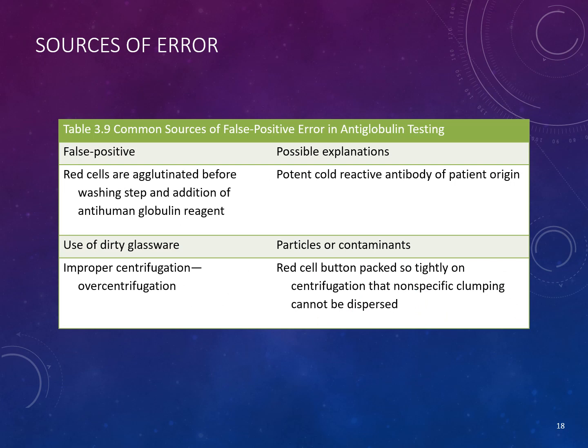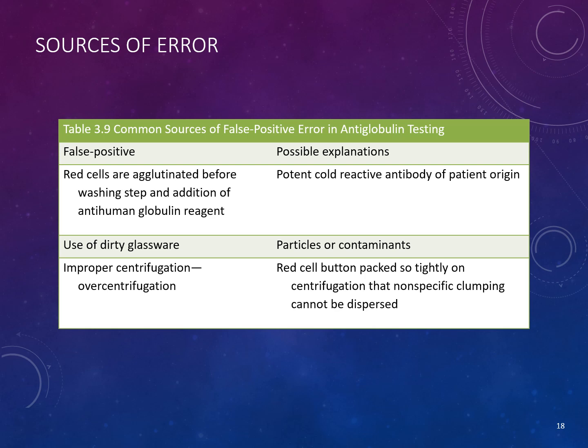There are some situations where you can get false positives with this testing. That would include when you have red blood cells that have agglutinated before you did the wash step and then add the anti-human globulin. This could happen from a cold agglutinin or cold reactive antibody that caused those cells to already agglutinate before the testing process.